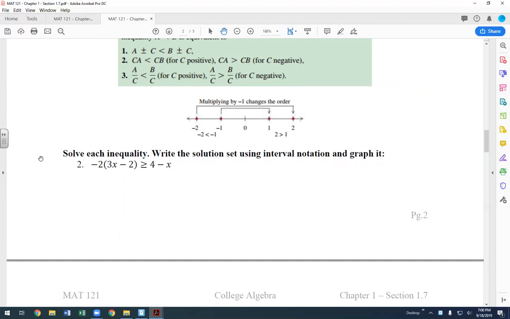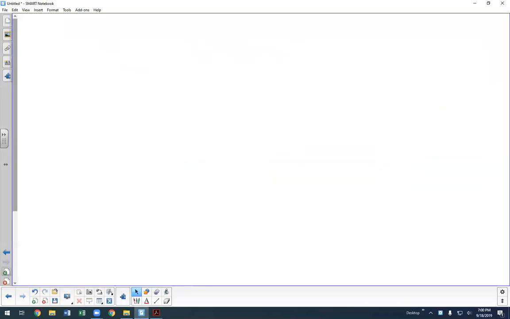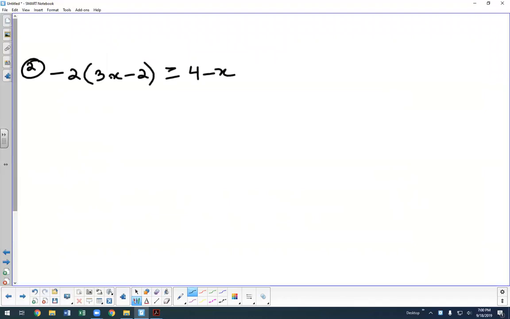Alrighty, so what do you guys think? Where should we begin with example 2? We've got -2 outside the parentheses, and inside, 3x minus 2, greater than or equal to 4 minus x.